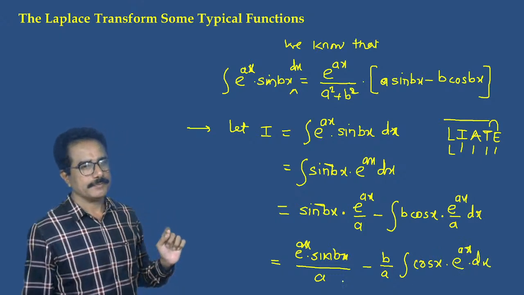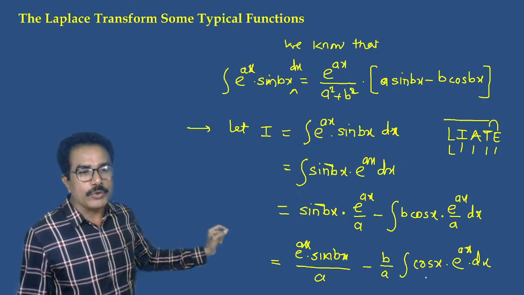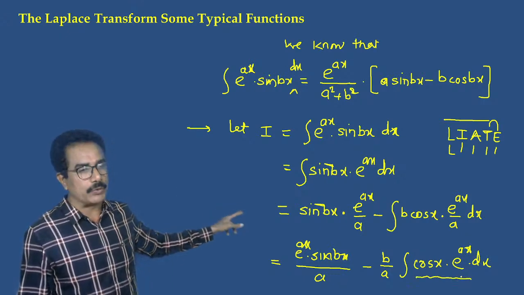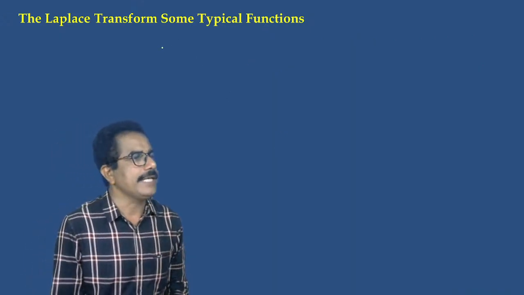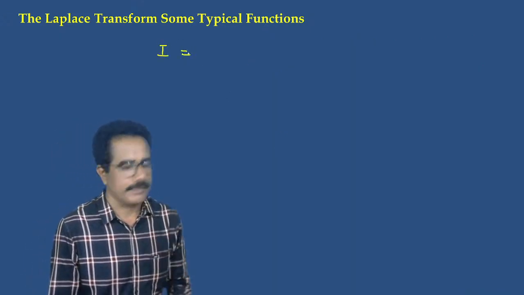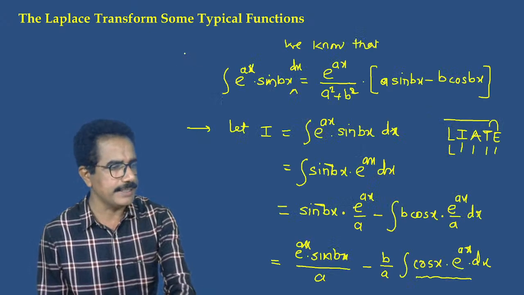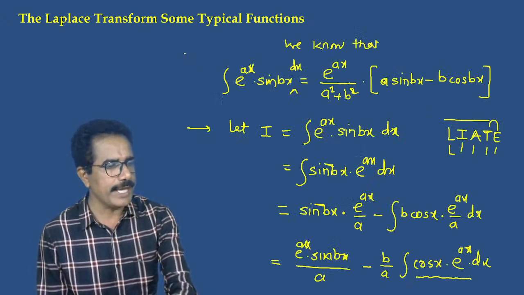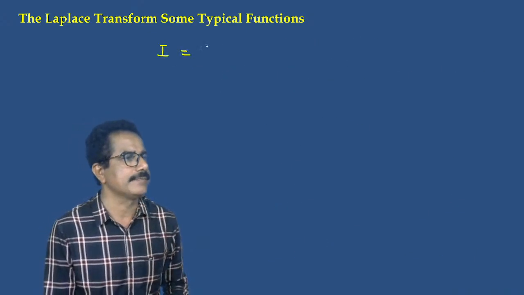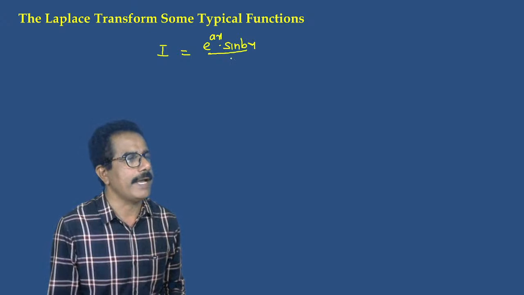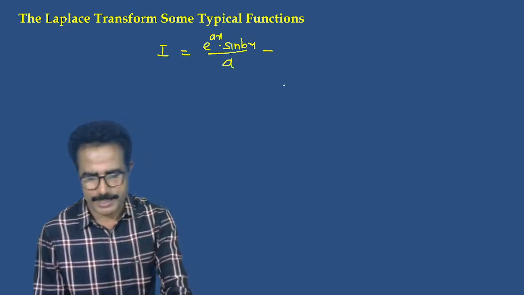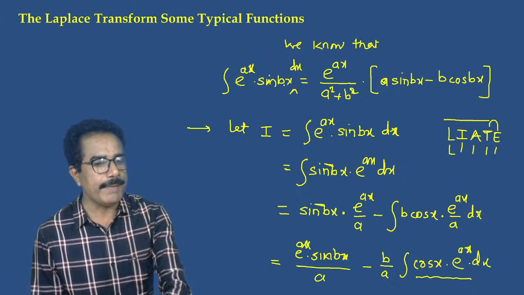Okay. Now again we have to use the integration by part rule here. So what will happen here? I is equals to, we can write this term as it is, e raised to ax into sin bx divided by a minus, again we have to write b by a.